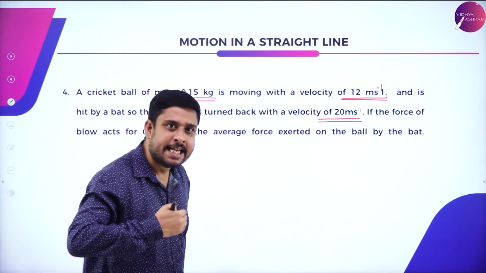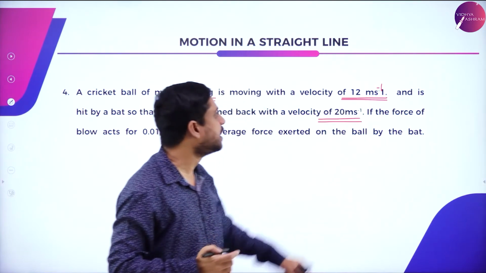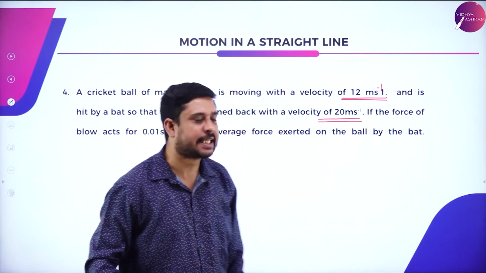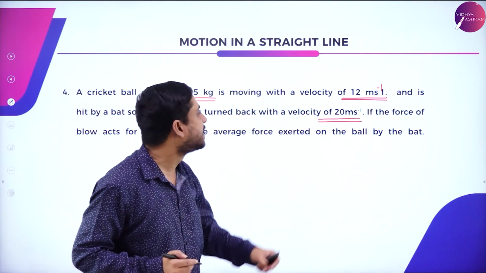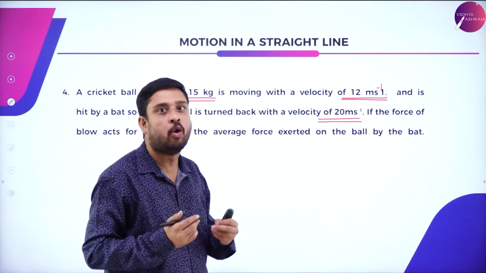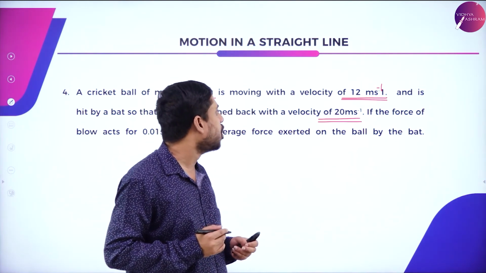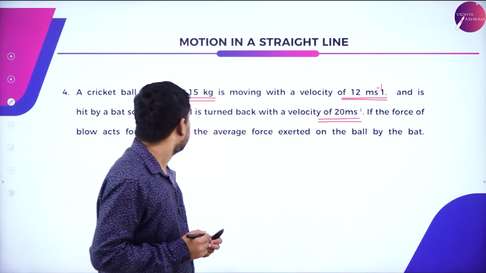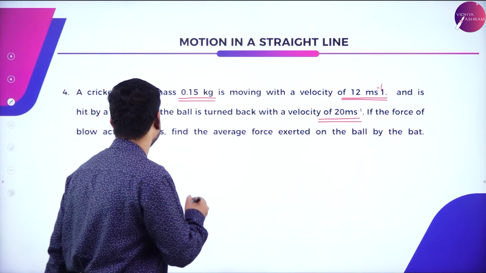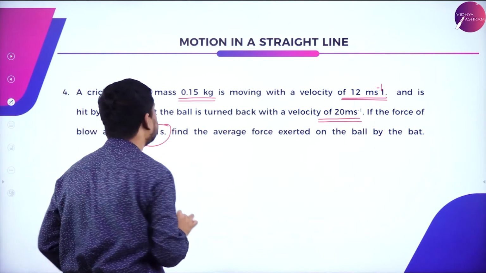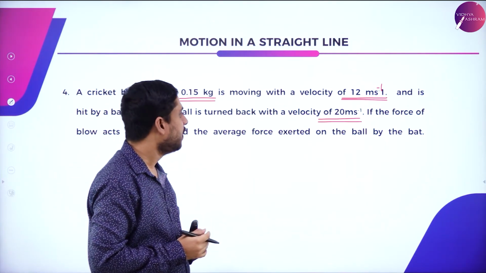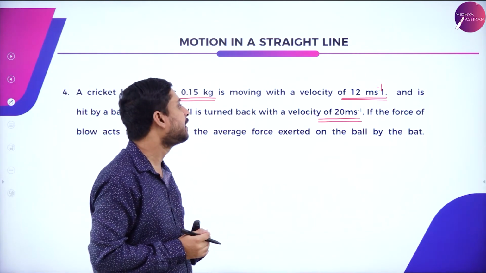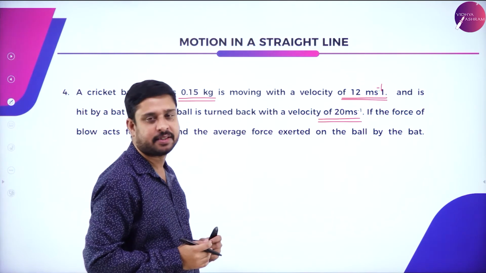The ball is moving with a velocity of 12 meter per second. Now I am striking it with a cricket bat and it is returning back, rebounds with a velocity of 20 meter per second. If the force of blow lasts for 0.01 seconds, find the average force exerted on the ball by the bat.